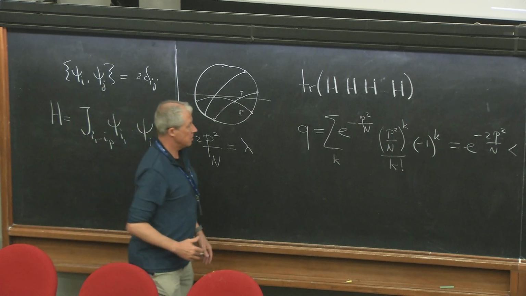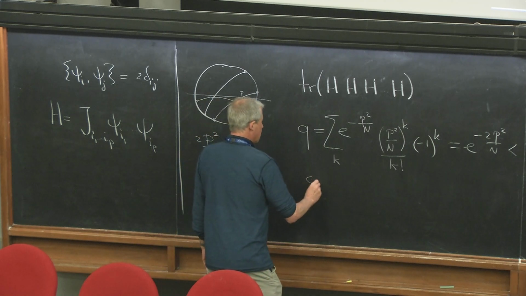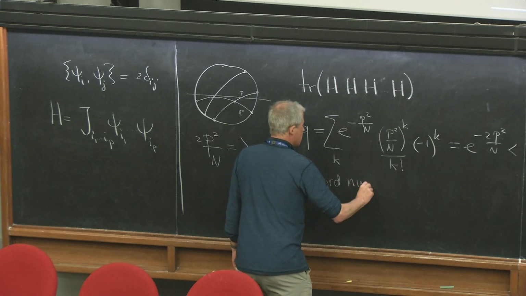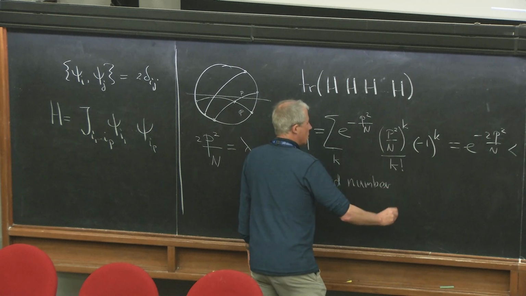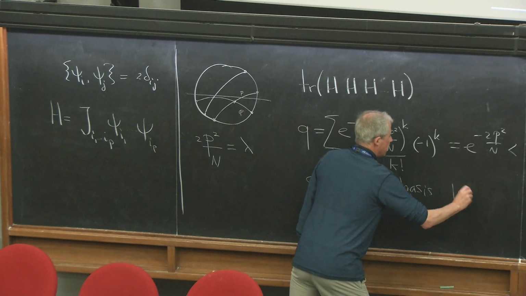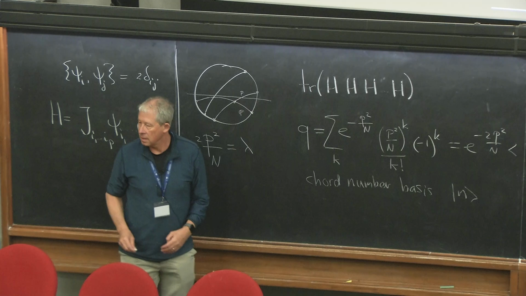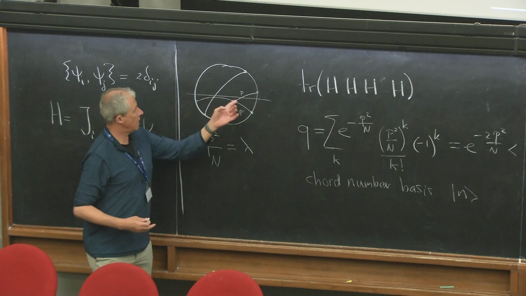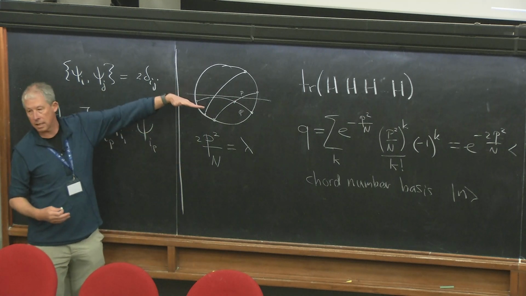But the basis of the Hilbert space is just, you can call it the chord number basis. So the auxiliary Hilbert space that I'm going to introduce will just have n as a set of basis elements, where n counts the number of chords that intersect this line.